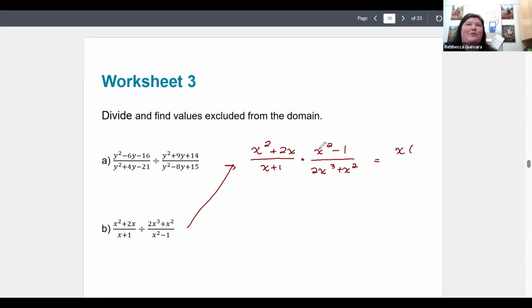So x squared plus 2x, we can factor an x, leaving us with x plus 2. And then we have x plus 1 on the bottom still. Then x squared minus 1 is just going to be x minus 1, x plus 1. And then here we have 2x cubed and an x squared. So we can take out an x squared, leaving us with 2x plus 1.